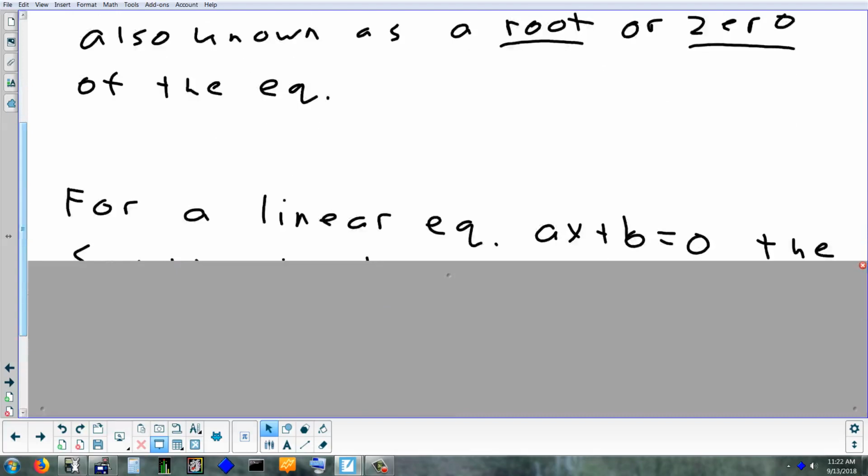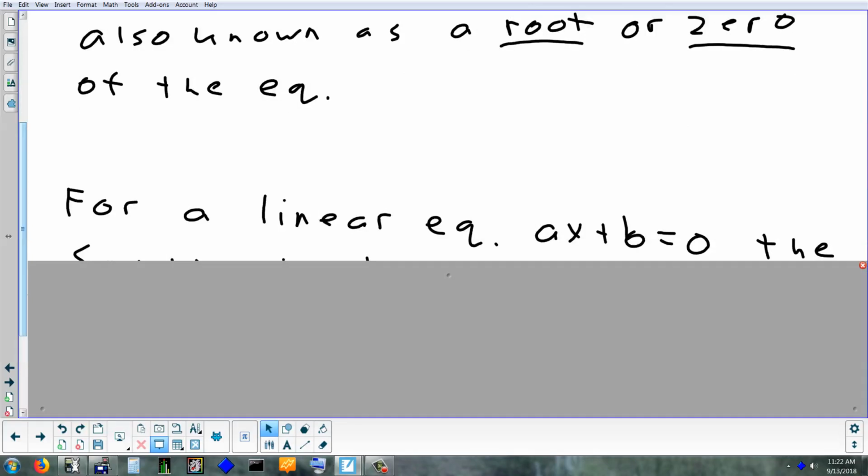So the simplest kind of equation is a linear equation. And besides a horizontal line, how many times can a line cross the x-axis? Yeah, just once. If you had a horizontal line, it might not cross at all.